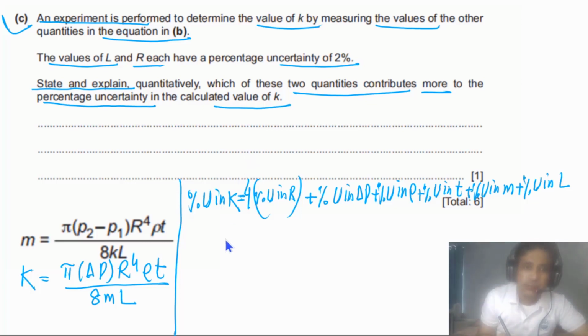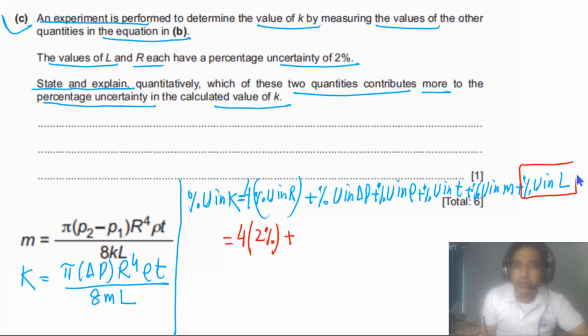But for this question we only have percentage uncertainty for R and for L. So here we can write 4, and percentage uncertainty in R is 2%, plus I will just write this one because we don't have percentage uncertainties for these quantities, plus we have percentage uncertainty in L. L has no power, so percentage uncertainty in L is simply 2%.